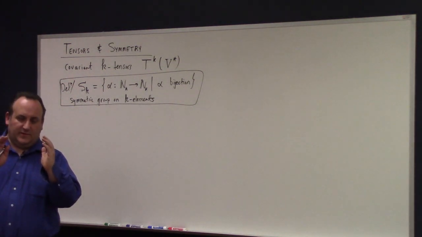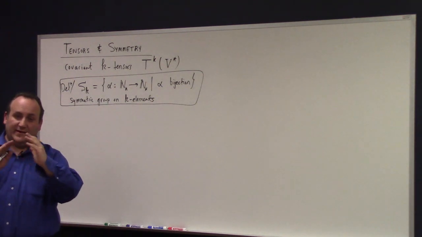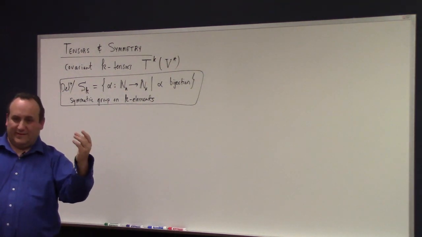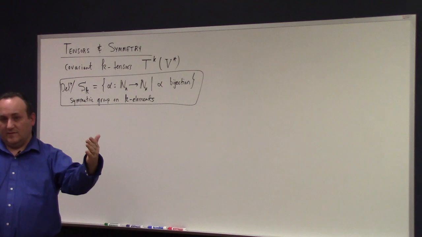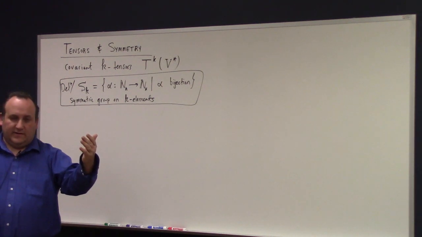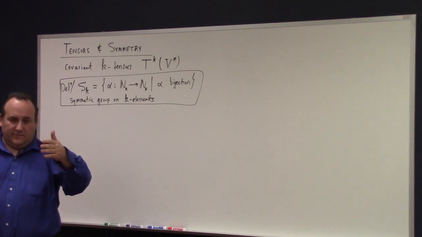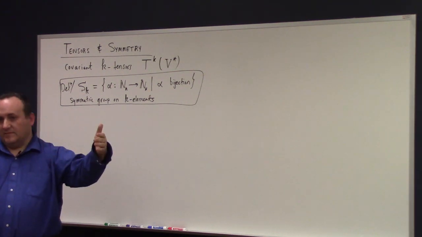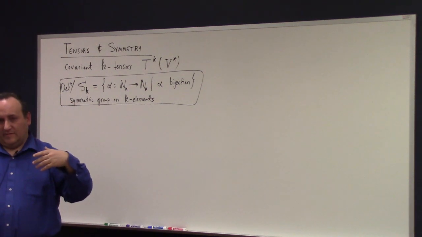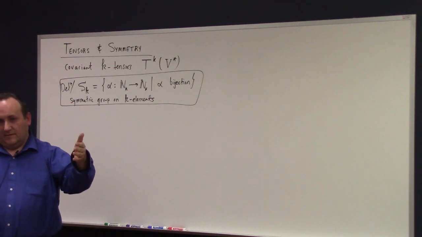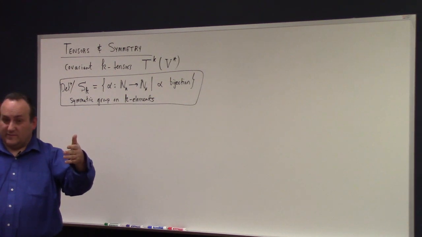It's not unique, but if a permutation can be written by say 8 transpositions, then any other expression of it will have an even number of transpositions. So if you could express it with 4, you could also express it with 10. If you have something that can be written as a product of 3 transpositions, then any other expression will also have an odd number of transpositions.